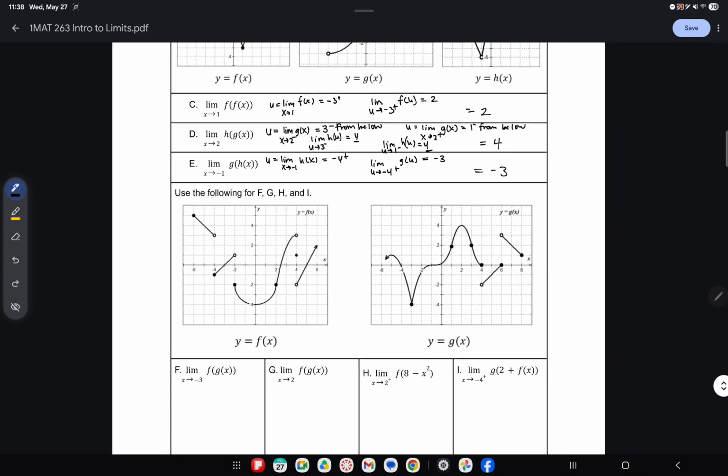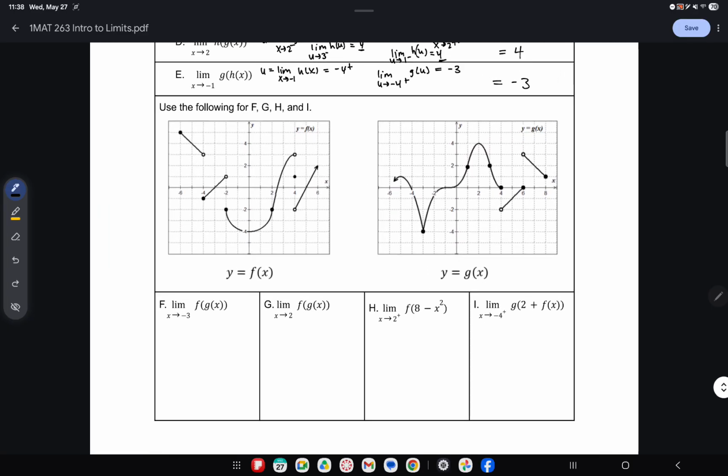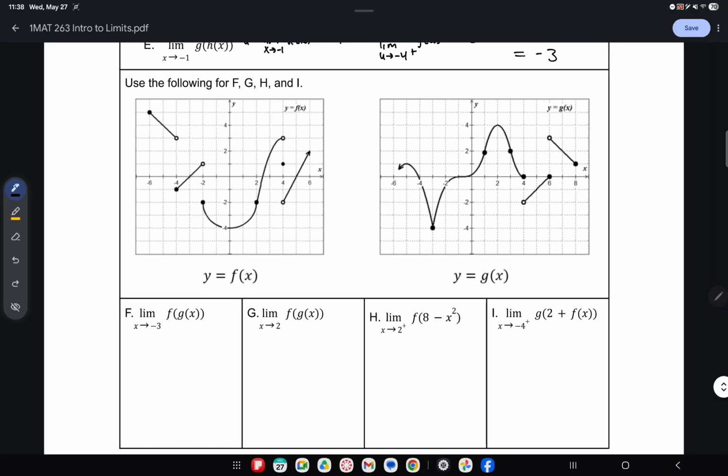All right, hope I left myself some more space. Oh, just a little bit here. To do it again with a different set of graphs. So we are going to have u be the inside. So the limit as x goes to -3 for g of x. So -3 looks like -4 from above.